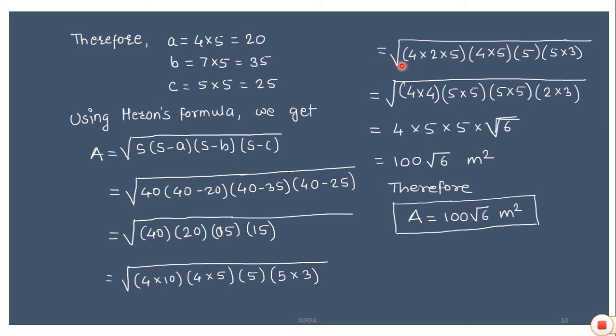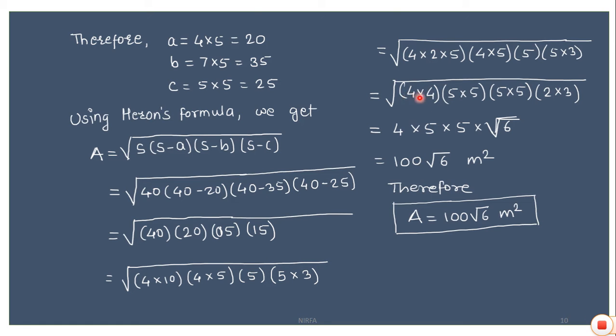So see, 4 two times, keep in one bracket, 5 two times, keep in one bracket, another 5 two times, keep in one bracket, and the remaining two numbers 2 and 3, their product, keep in the last bracket.